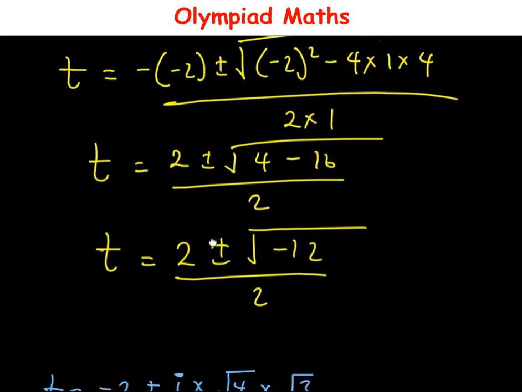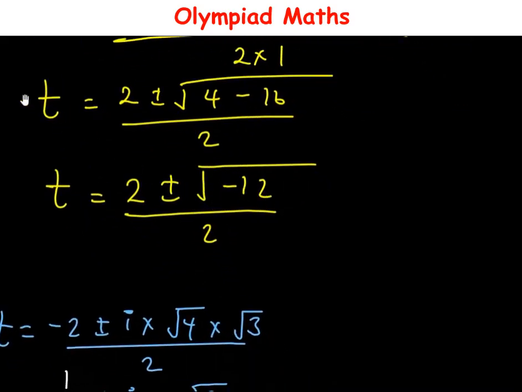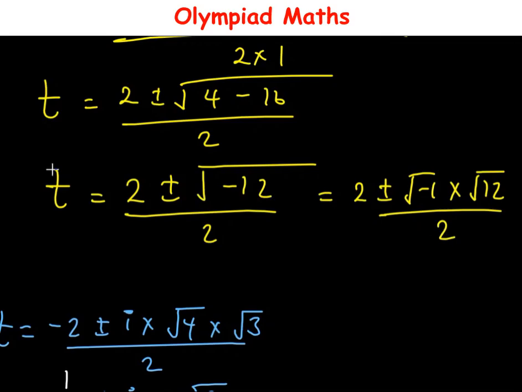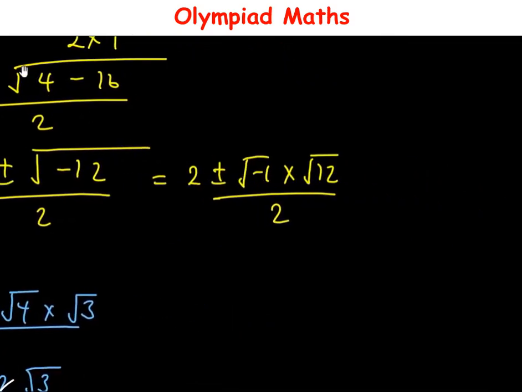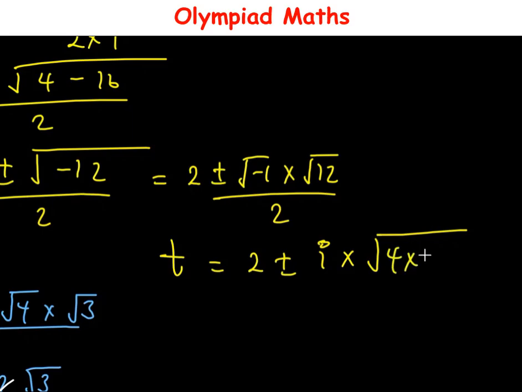And from here, we can write root minus 12 as root minus 1 times 12. So it is equal to 2 plus or minus root minus 1 times root 12 all over 2. So then, the value of t is equal to 2 plus or minus root minus 1 is i times, we can write root 12 as root 4 times 3, then all over 2.